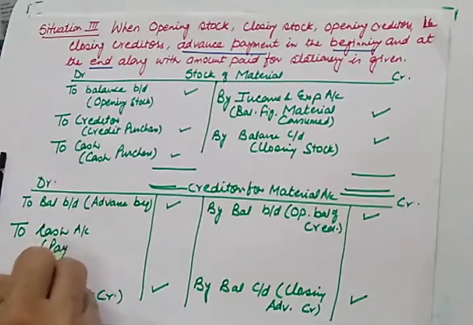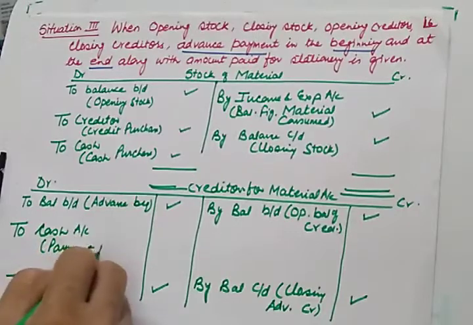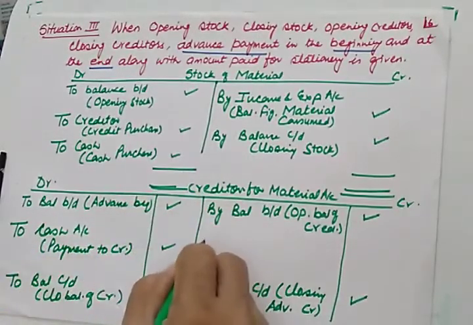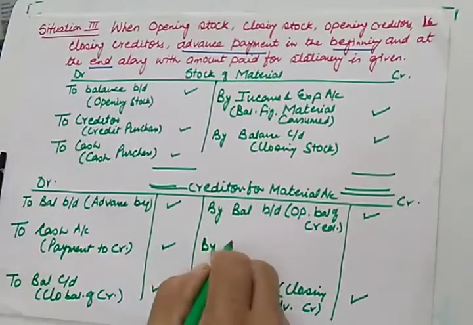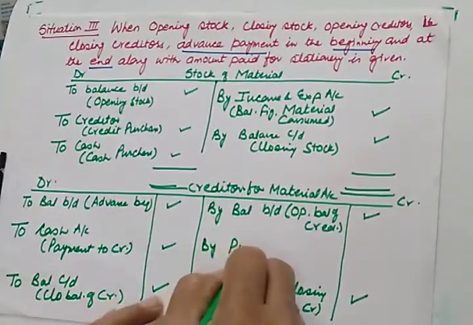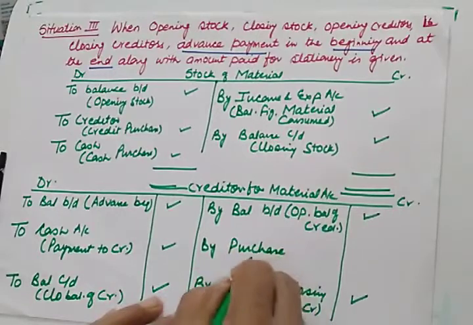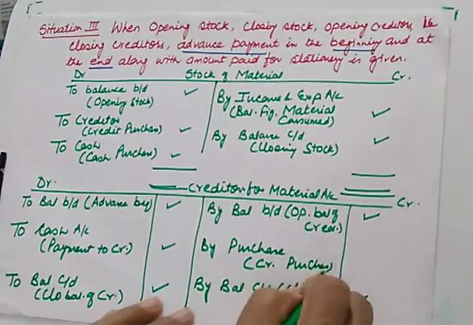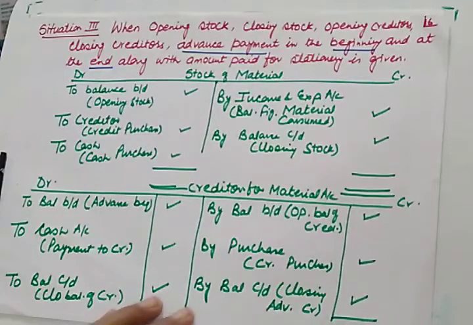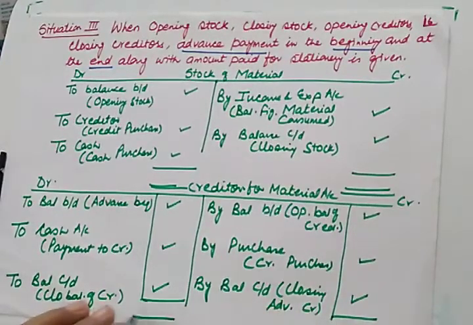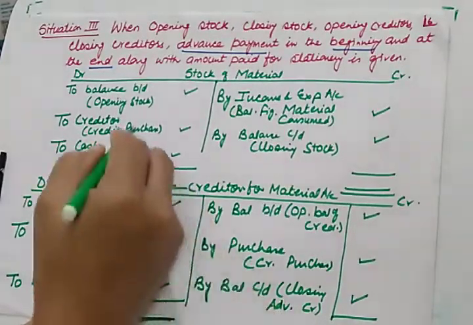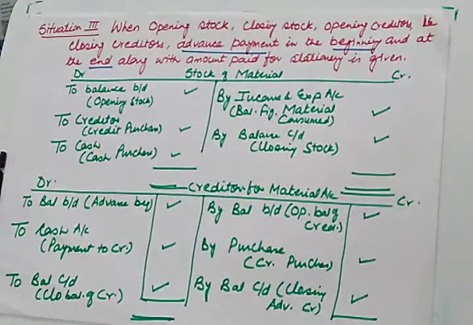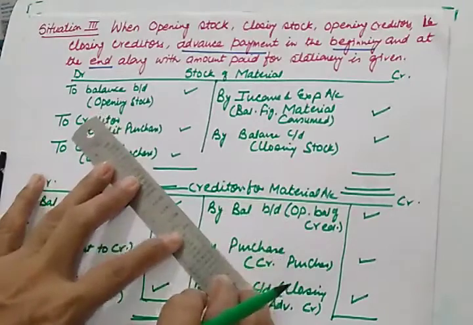Then any payment you have made during the year, payment to creditors, will be written here, and the balancing figure here will be your purchases. What type of purchases? This will be your credit purchase. So this is how it is to be done, and this credit purchase will be transferred to the stock account.